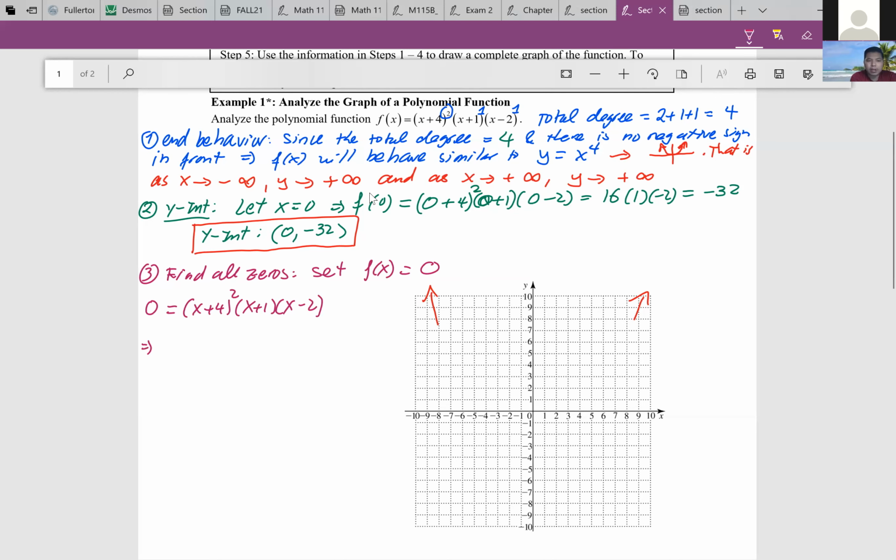This says that x plus 4 squared equal to 0, x plus 1 equal to 0, and x minus 2 equal to 0. So we get x equal to negative 4, multiplicity equal to 2, and x equal to negative 1, multiplicity equal to 1, and x equal to 2, multiplicity equal to 1.